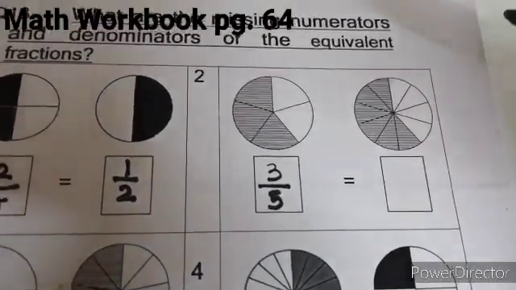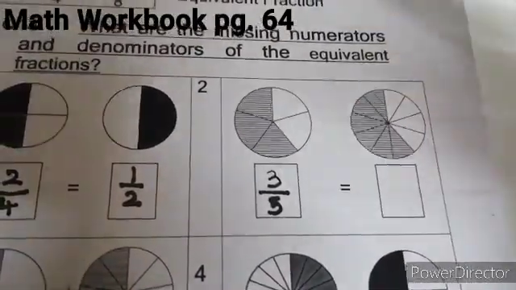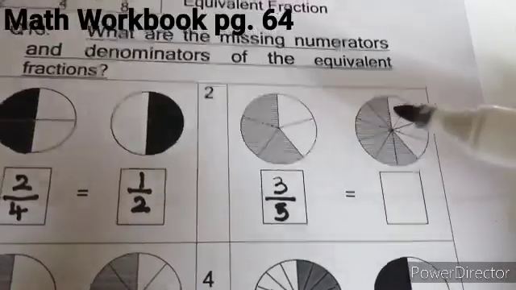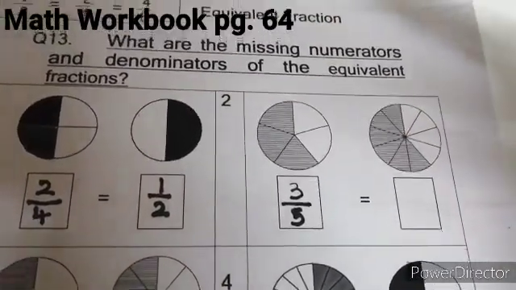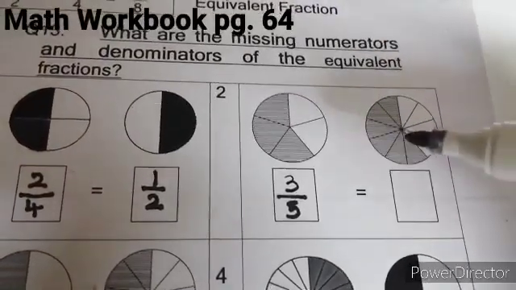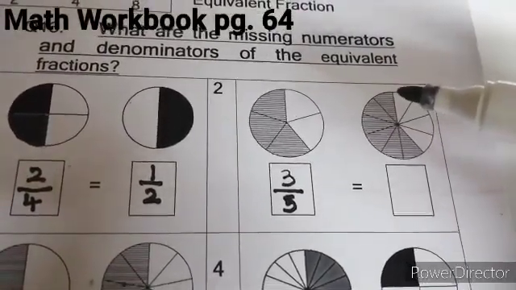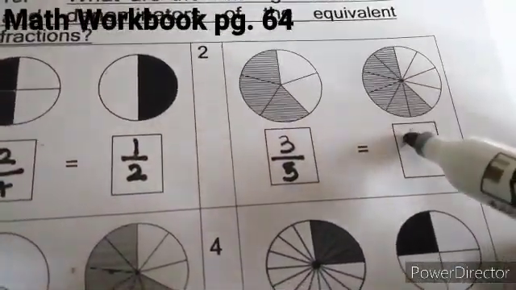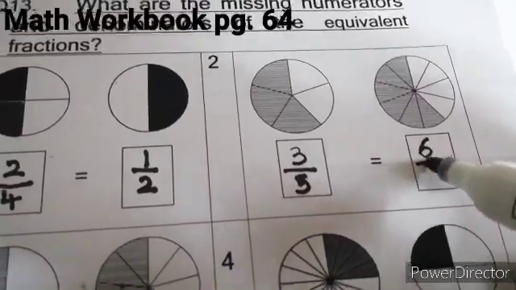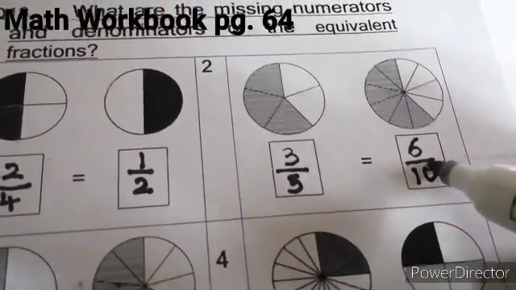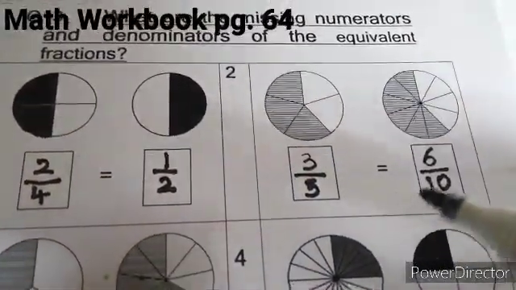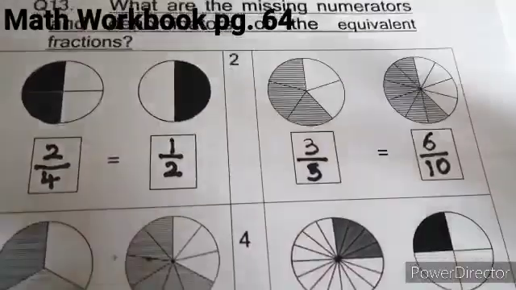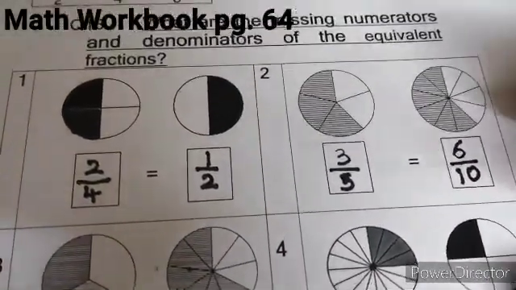And here this circle is divided into, please count how many equal parts? 1, 2, 3, 4, 5, 6, 7, 8, 9, 10. And how many of them are shaded? 1, 2, 3, 4, 5, 6. So the shaded portion will come as the numerator. 6 by 10, the total number of portions. So 3 by 5 is equal to 6 by 10. 3 by 5 and 6 by 10 are equivalent.